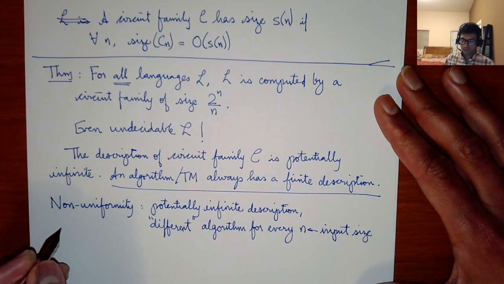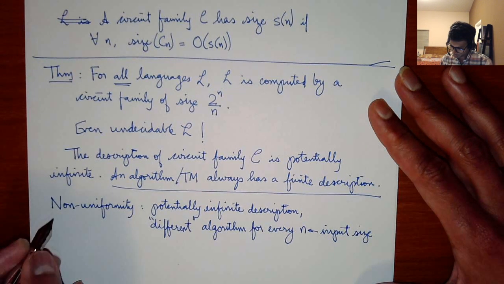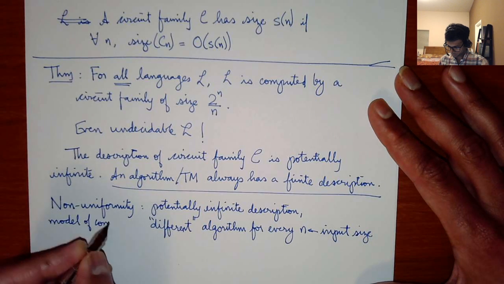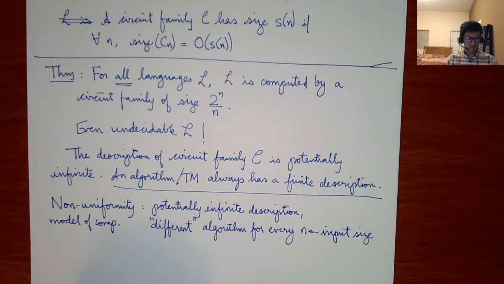And this is what's referred to as a non-uniform model of computation. There are others other than circuits. There are also things called decision trees, and there are various other models.